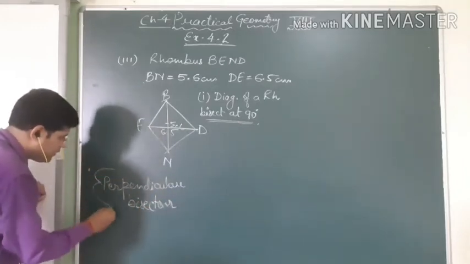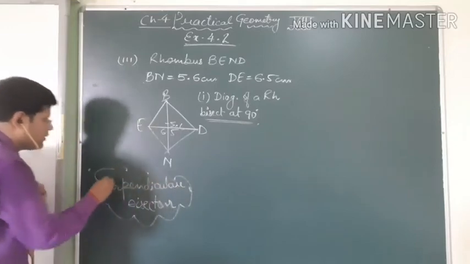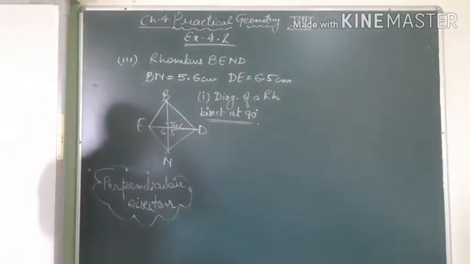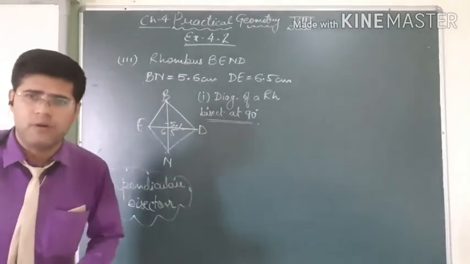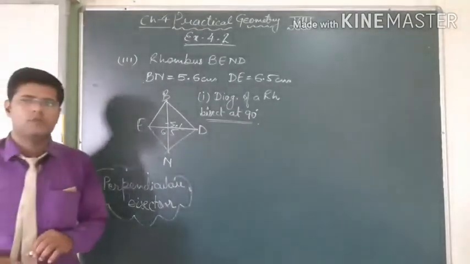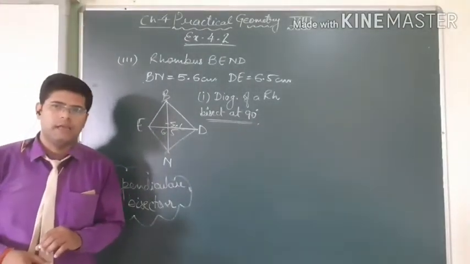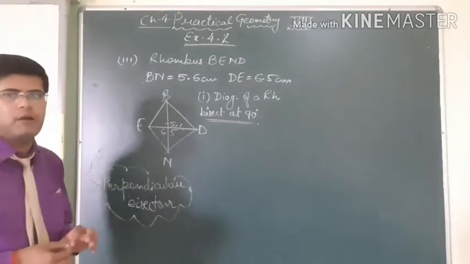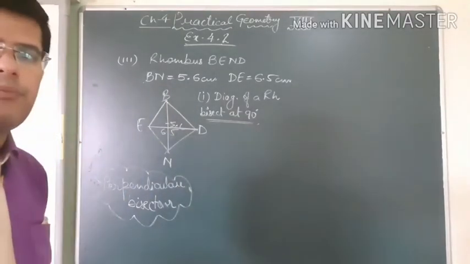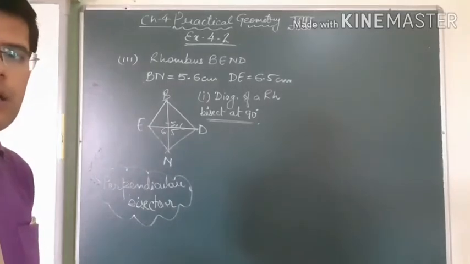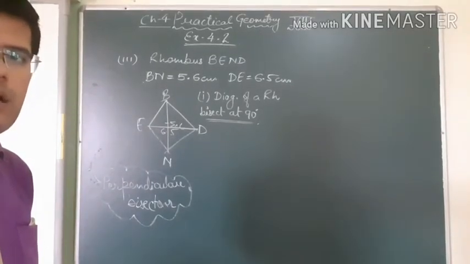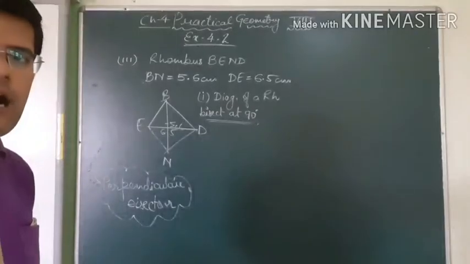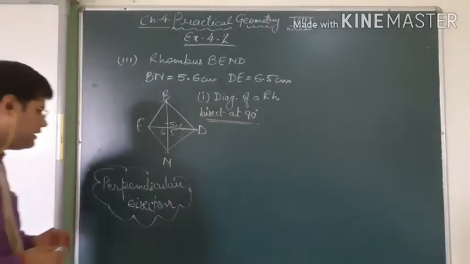So what is a perpendicular bisector? If you want to make a rhombus with the diagonals, you have to know about the perpendicular bisector. So how can we make a perpendicular bisector? It's very simple.